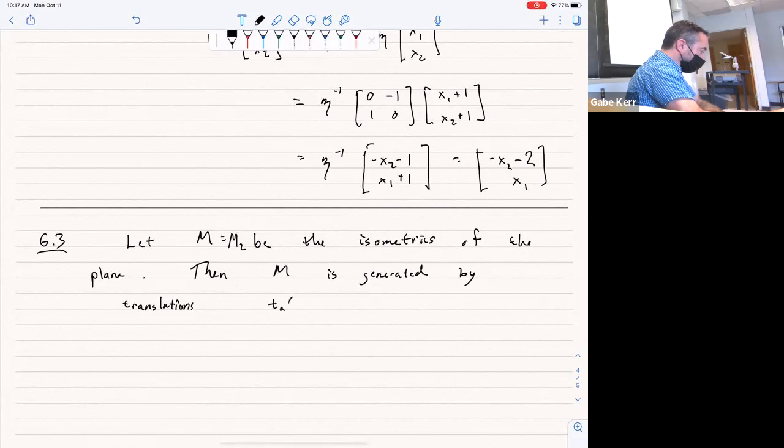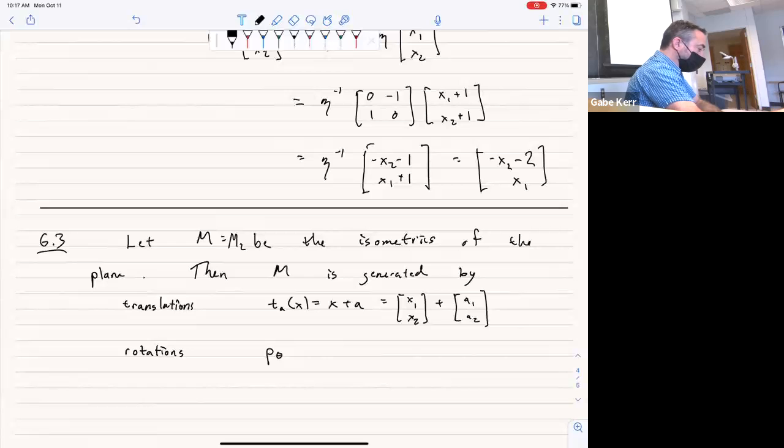Which we write T_a of x. This is just x plus a. Or if you want to put coordinates, this is x1, x2. Let's say a is the vector a1, a2. You have rotations, counterclockwise, rho theta about the origin. The rho theta of x is just what we talked about last time.